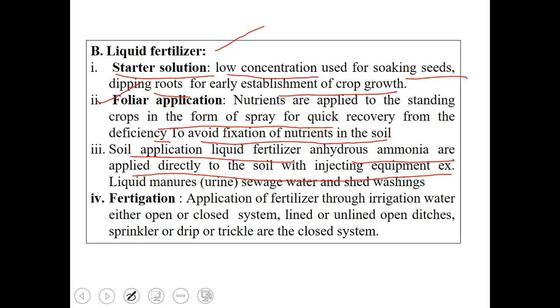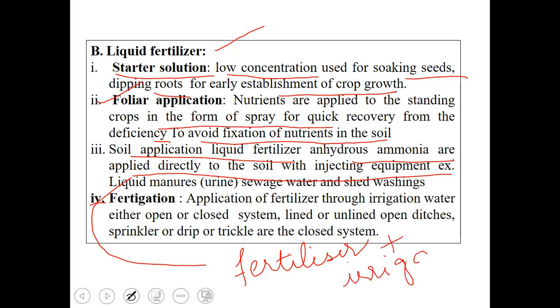Okay, so the next one is fertigation. Fertigation is a combination of fertilizer and irrigation. Fertilizer plus irrigation, we call it fertigation.